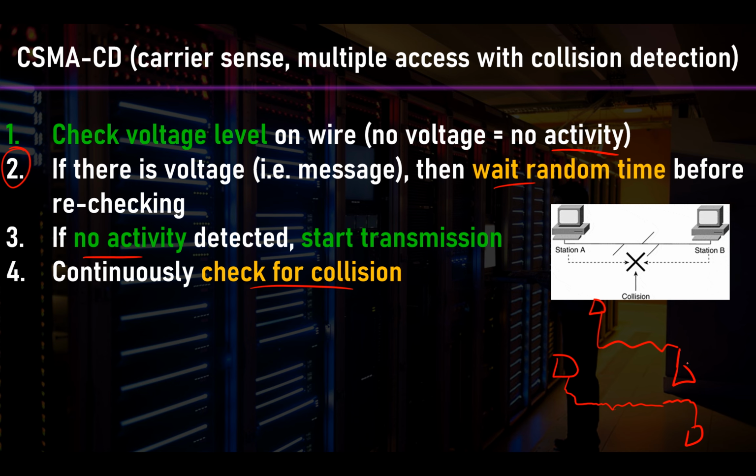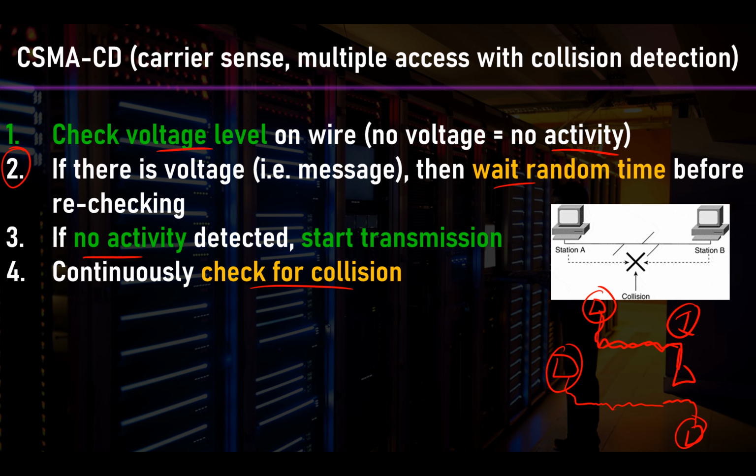But if, for example, we look at example 1, and this device has sent data and it's already arrived at this one, well, this one is not going to suddenly start sending data, since it's going to check that there is voltage, and then it's just going to wait. It's not going to send.